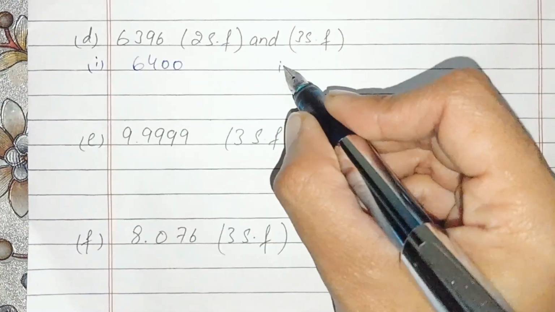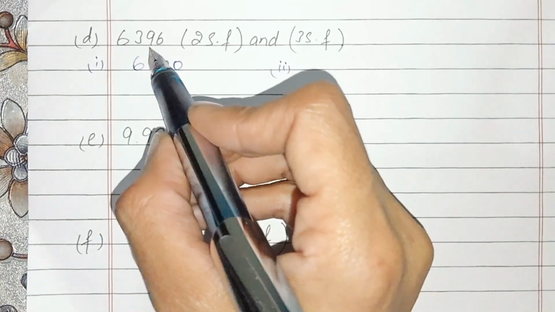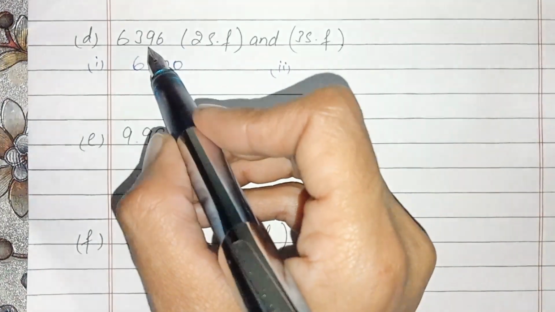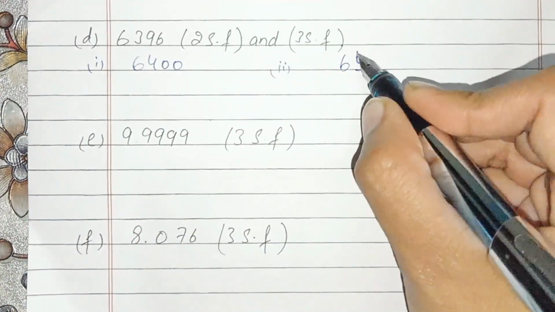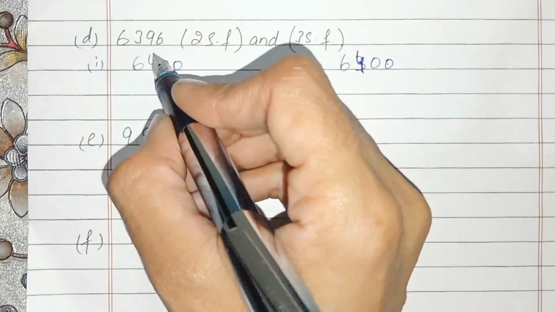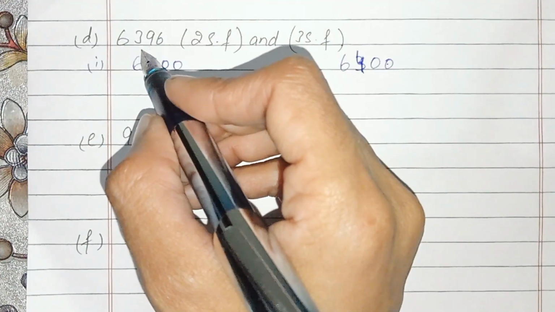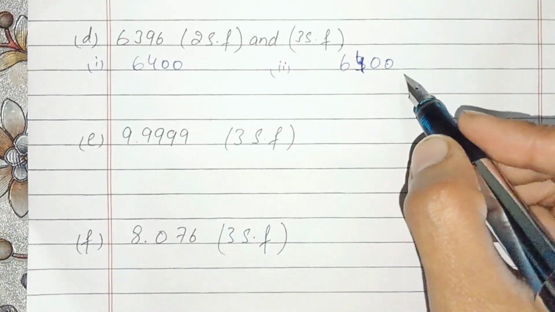And now in the second part, we have to write the value to 3 significant figures. We can see that there is a 6. When we add 1 in it, that becomes 10, 1 carries. It gives carry to 3, and that becomes 6400.